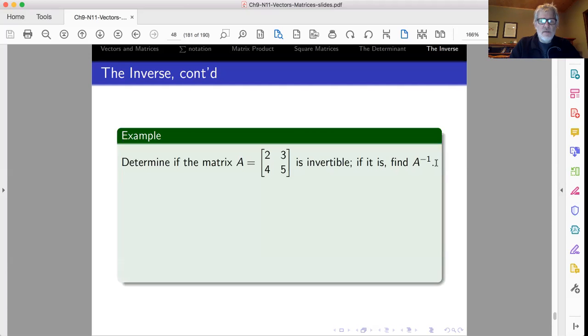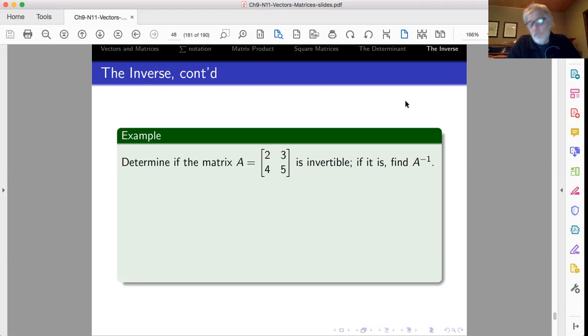All right, so here is an example of what we've been talking about, okay? I'm given a matrix A, and I'm asked, is it invertible? And if it is, find the inverse, okay? So what have we seen up to now? We have a test to see if a matrix is invertible.